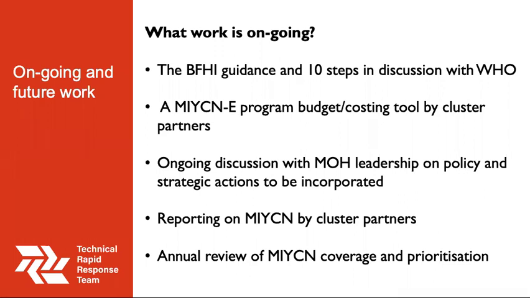So on the MIYCN-E program budget costing tool, we are glad that we have this tool. Previously, when partners applied for funds from the South Sudan Humanitarian Fund through the cluster, it was difficult to get funding for MIYCN-E, because the cluster was asking us, how do you budget for that?